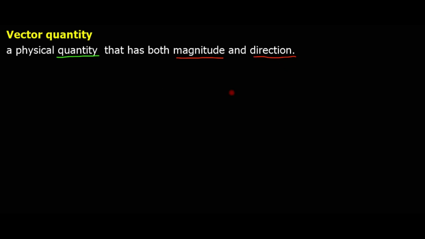So when we talk about a vector quantity, we are talking about something that has size and direction. Remember, in physics usually a vector is represented by an arrow, something like this one.